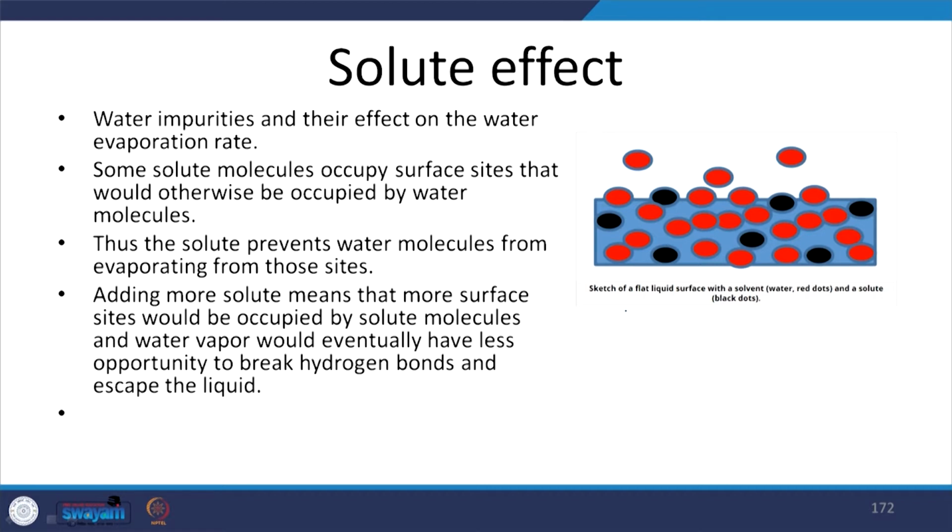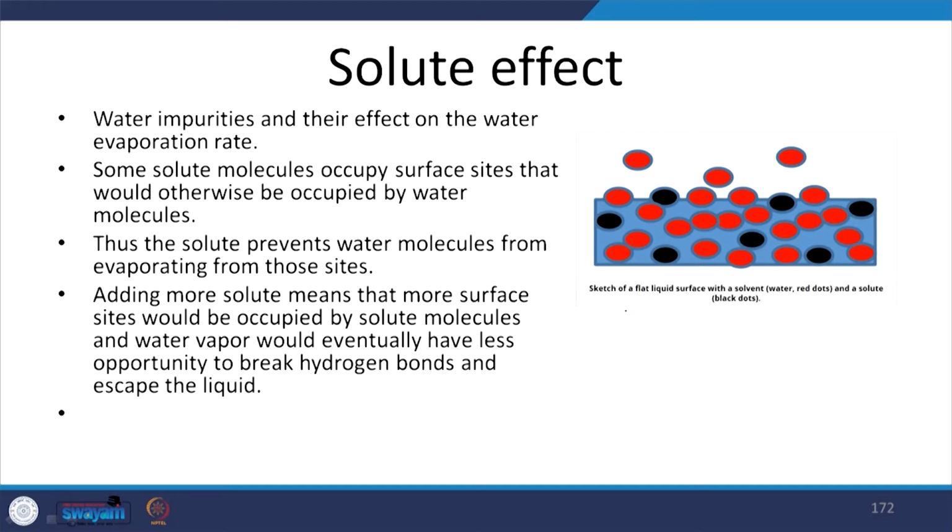Okay, some solute molecules occupy the surface sites that would otherwise be occupied by water molecules. So, why are we interested in the vapor phase? The evaporation rate depends on the amount of condensation and the amount of vaporization, right.